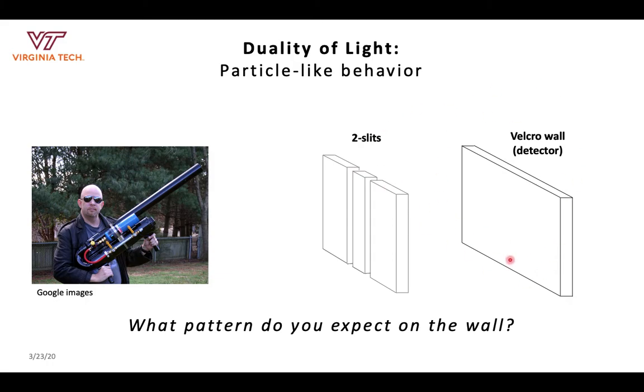Right? And then beyond that, you have a second wall, which we would think of as a detector, where we could record the positions of tennis balls that made it through the slits and then stuck to the wall because it was covered in Velcro. And so what I would ask you is, what pattern do you expect to see on the wall?